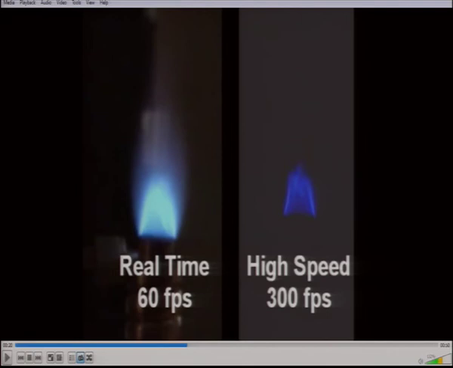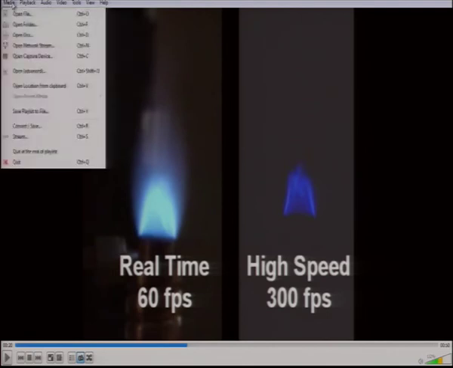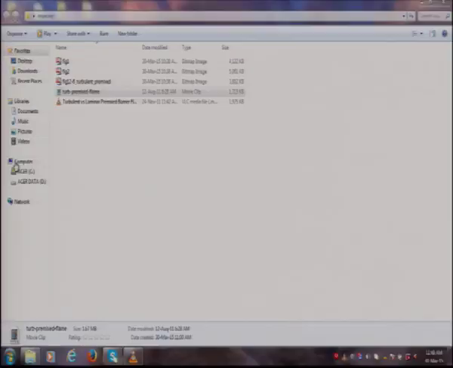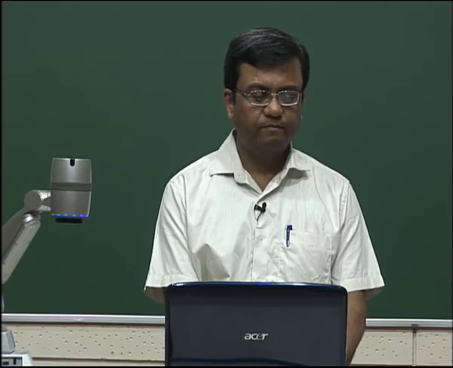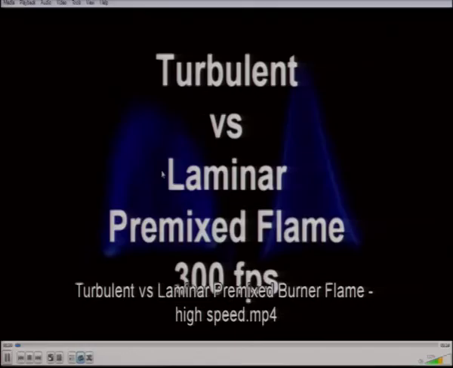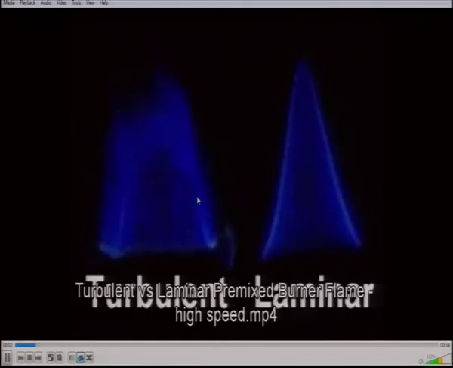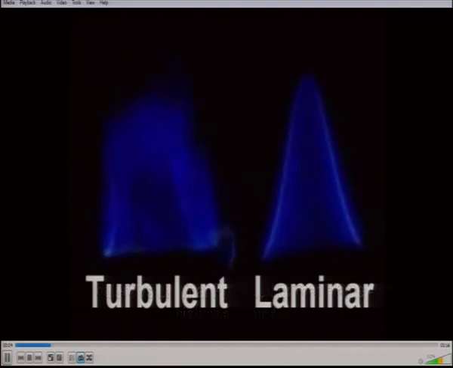Compare all that to what we saw just a few minutes back for a laminar flame. Of course, you will agree that this is much more steady, it's quite well defined. Things are happening near the tip though, to some extent.